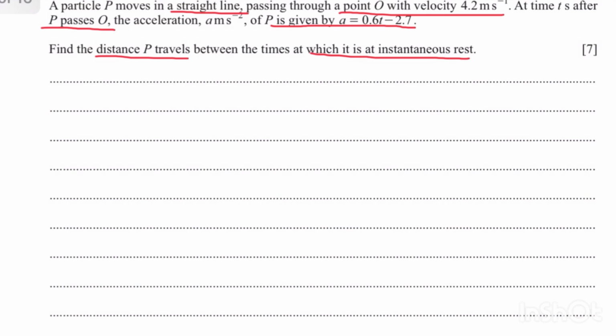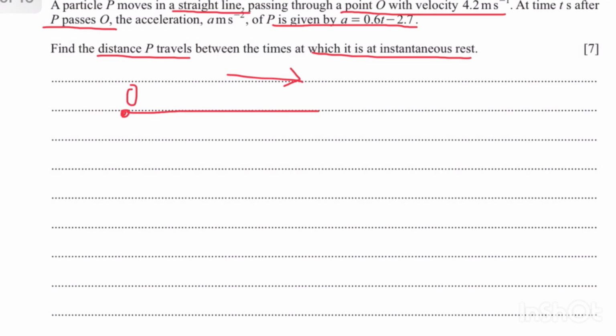So they're saying that the starting point is a point O, and then the particle is moving in a straight line. So I'm assuming this particle is moving rightwards and just keeps moving in that direction. And they've also given us another piece of information: when it is at point O, the velocity is 4.2.